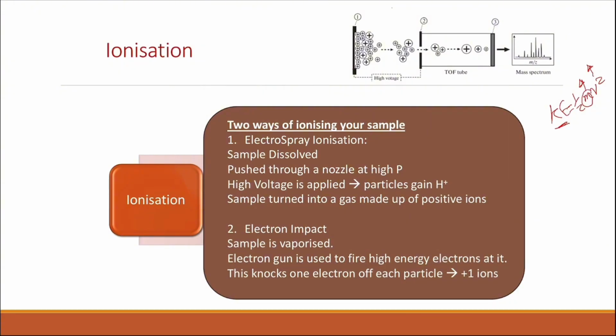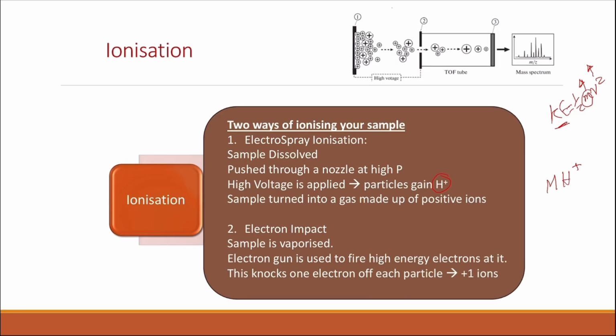When you apply the high voltage, each particle will gain a proton, or hydrogen ion. So if you have something like M, it will be MH+, not M+. Then the sample will turn into a gas made up of positive ions, which will have a proton.